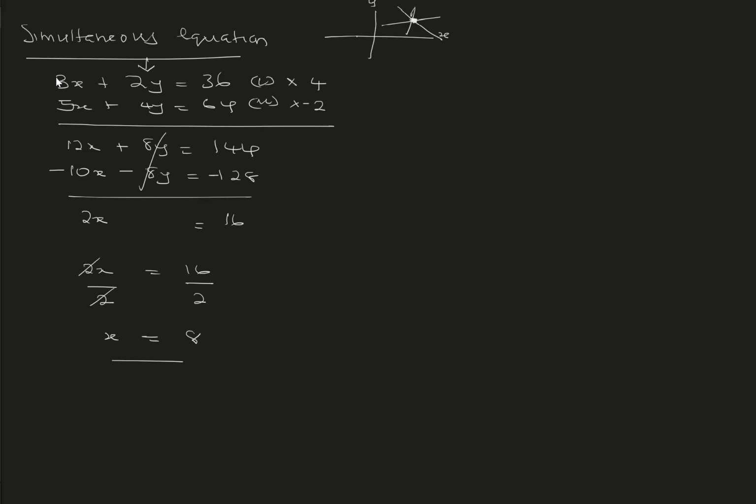Okay. Now we go on and look for our y. How do we find our y? We get any of these equations and then we substitute x is equal to 8. So we even write, we say sub x is equal to 8 into the equation of your choice.